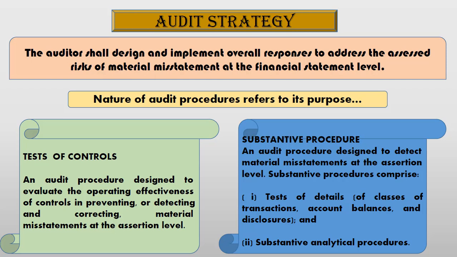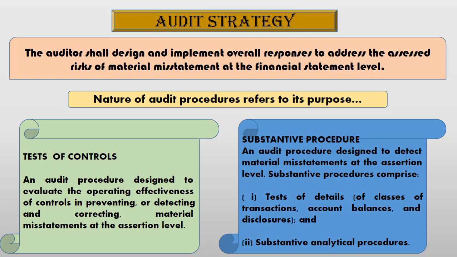Which means here we are focusing on procedures and processes that have been designed by the company in preventing, detecting, and correcting material misstatements, and of course, we are focusing on the assertion level. For more discussion on assertion level, you can watch the audit evidence video lecture.